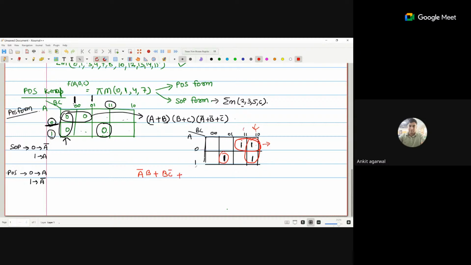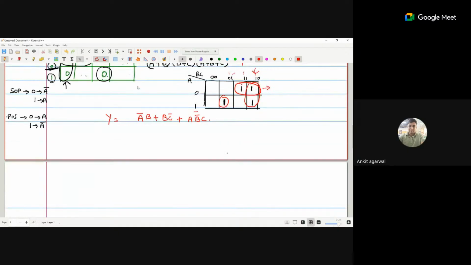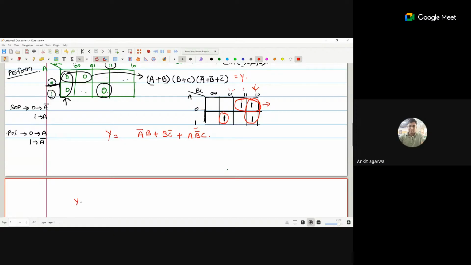And for the individual group, A is 0, B is 0, and C is 1: A bar B bar C. So the POS is A plus B, B plus C, A bar plus B bar plus C bar, or Y is equal to A bar B plus B C bar plus A bar C.